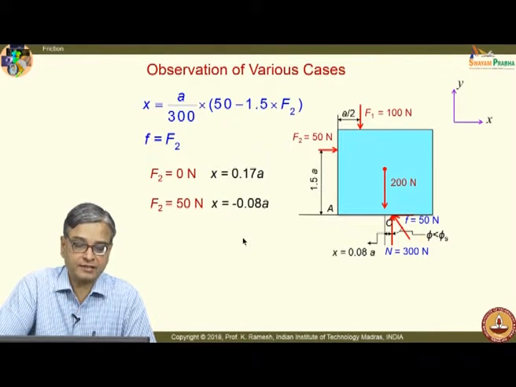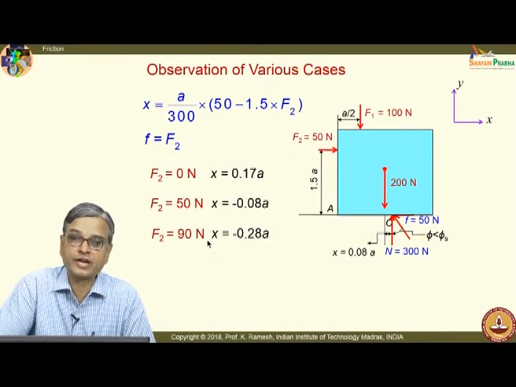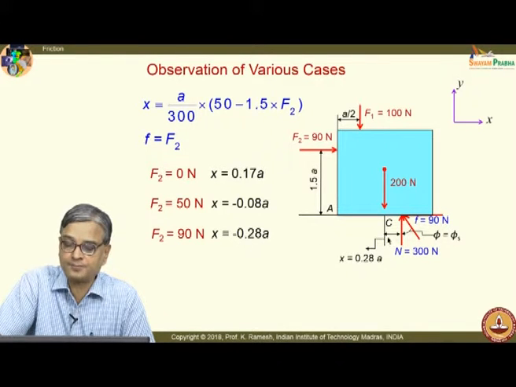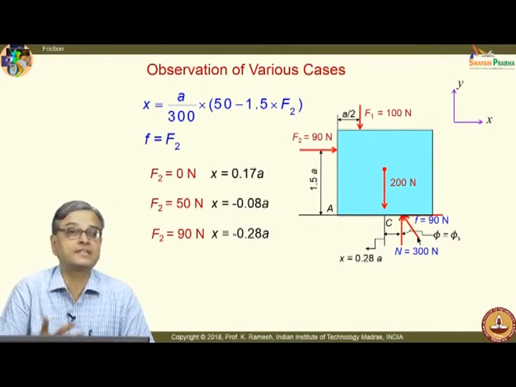Now, let us look at the case F2 equal to 90 newtons. When I put it in this expression, I get the value of x as minus 0.28a, and in the diagram it is put on the right side, and I have this as 90 newtons. What has the problem statement given?